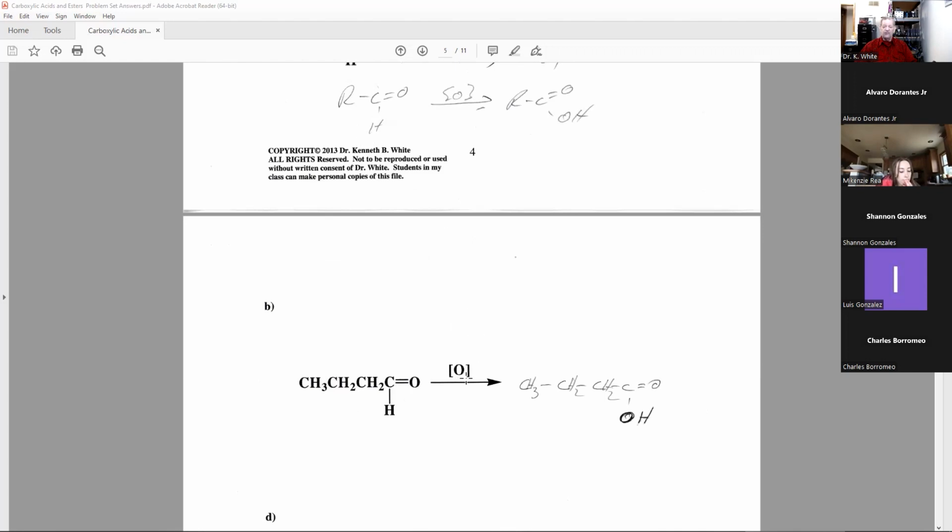Bracket O, close bracket, is shorthand for an oxidation reagent, such as potassium permanganate, sodium dichromate, and others, which I'm not going to go down the list. There are a lot. And here's the general reaction. Aldehyde oxidized gives carboxylic acid. So the H here becomes a hydroxyl group OH, and you get this carboxylic acid.